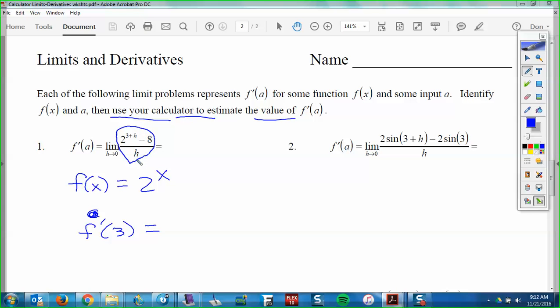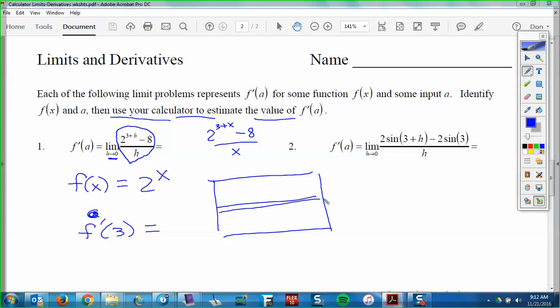Well, you can't type in h's, right? You'd have to replace the h with x. So in your calculator, you'd have to type in this, like that, right? And then you would look as x is approaching 0 on your table, right? And then put a table. I prefer for you to put a table on this side too. I mean, because for sure you're going to do that.